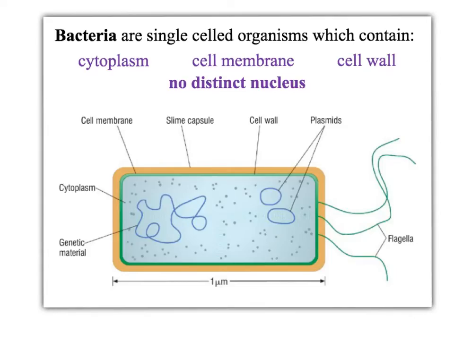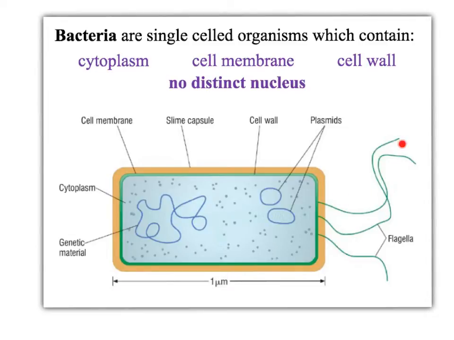Okay, so as well as plant and animal cells, you're also expected to know about bacteria and also fungi such as yeast. Now if you have a look at this cell, you can see that it's different from a plant and an animal cell in that it has no distinct nucleus. Instead, it has its genetic material free in the cytoplasm and also circular DNA called plasmids.